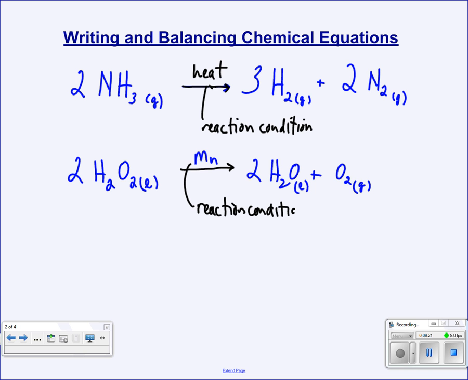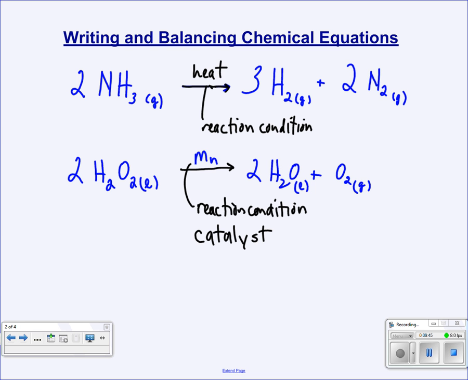it's also called a catalyst. And a catalyst is anything added to a chemical reaction that speeds the reaction up, but is not in itself a reactant. Notice that manganese is not written on the reactant side. It's written above the yield arrow. So manganese, because it's written above the yield arrow, is a reaction condition.